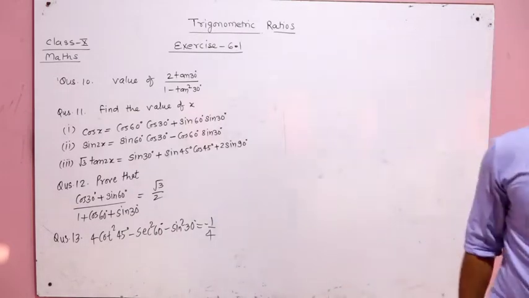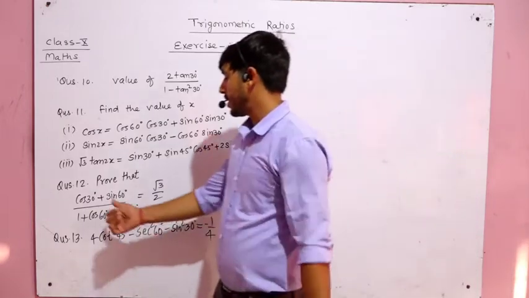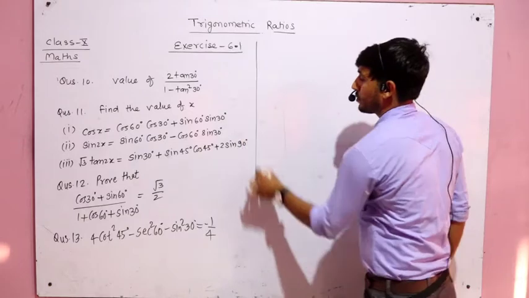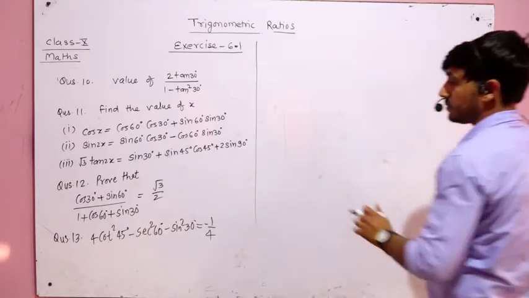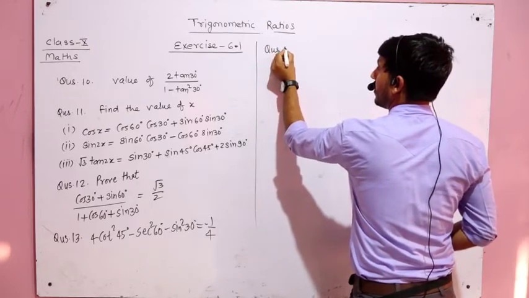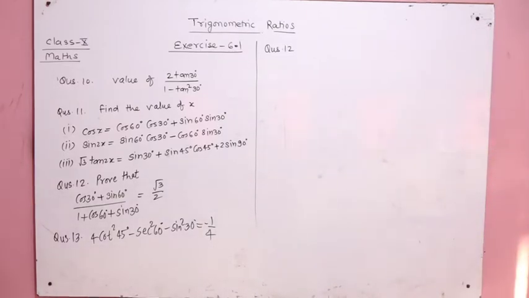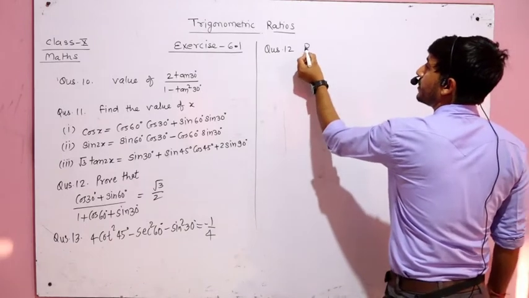Question number 12. Prove that the value of cos 30 degree plus sin 60. Okay, next question, question number 12.